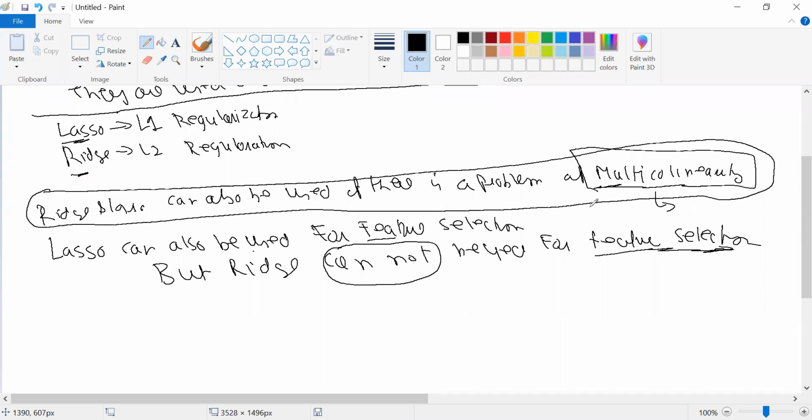तुम बताओ. Feature selection we give? Which values? तुम बताओ. What is feature selection? Or let me change my word, feature importance.